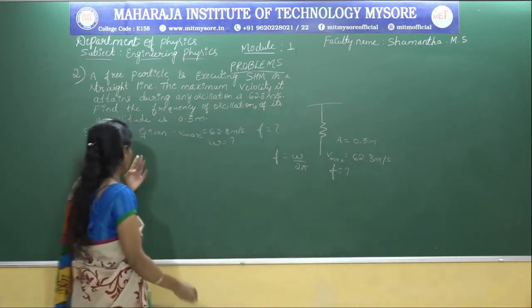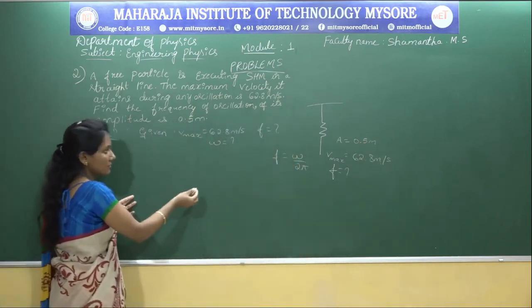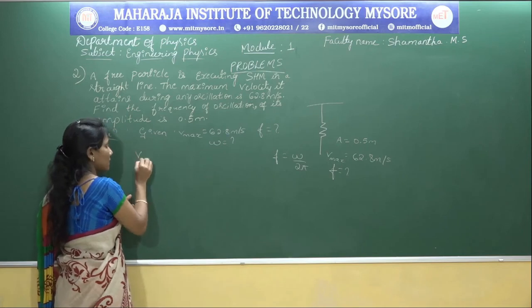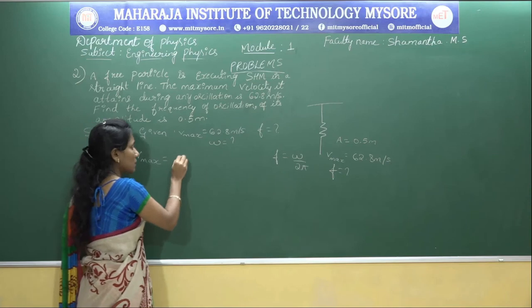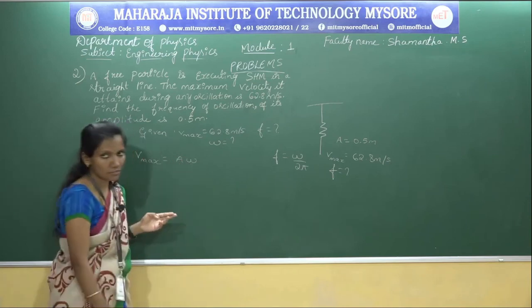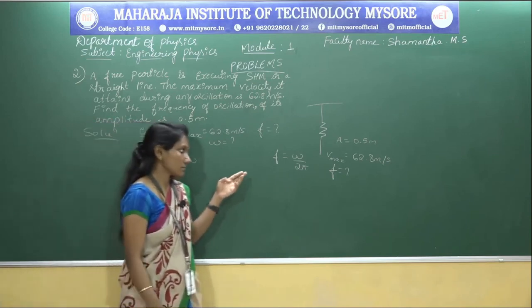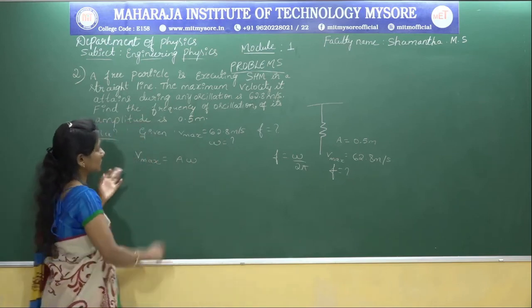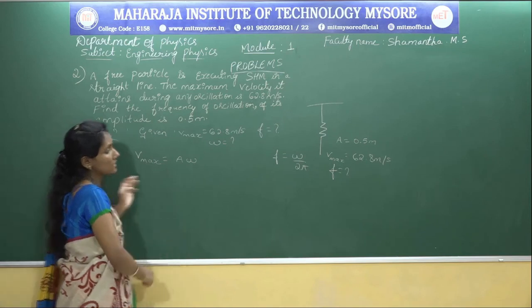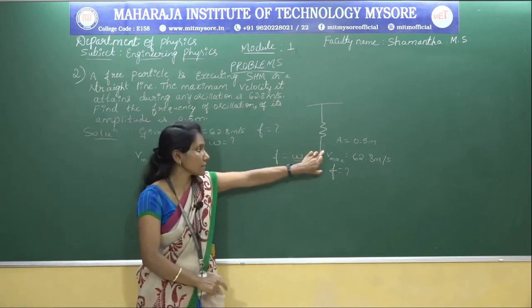Okay. So, what is the formula we can use? That is V max is equal to A omega. At the center the particle is oscillating at the maximum velocity.